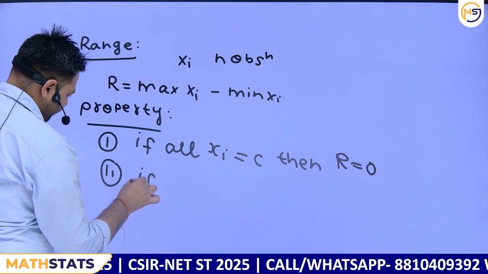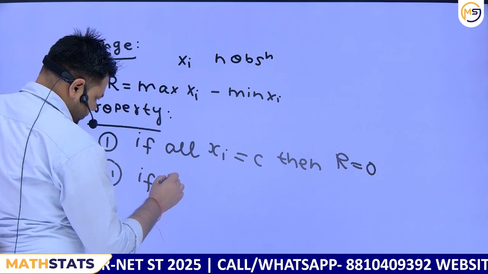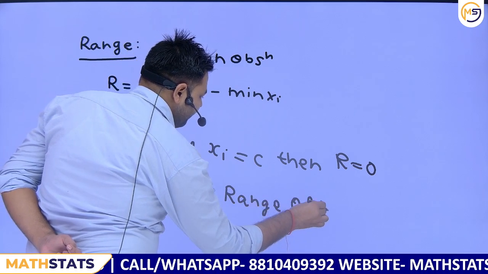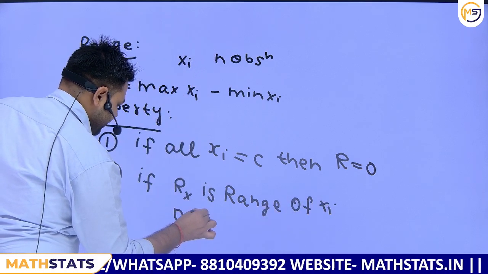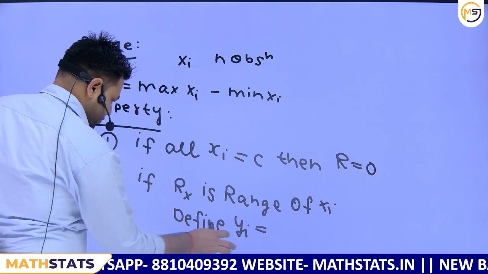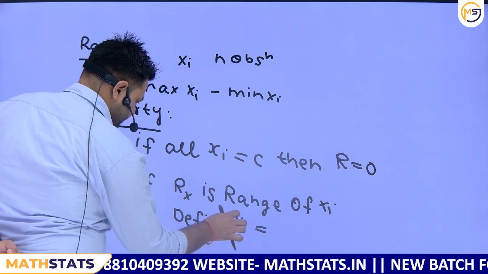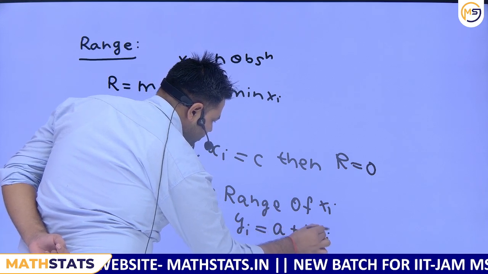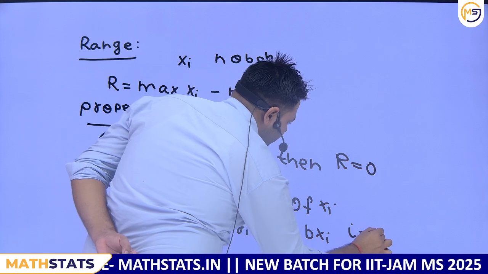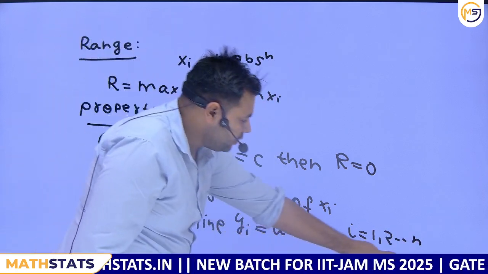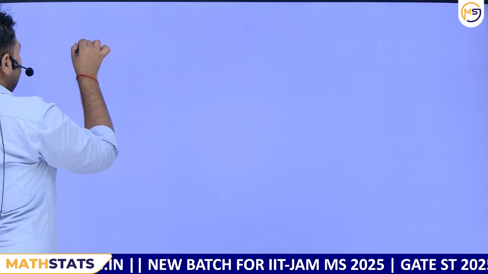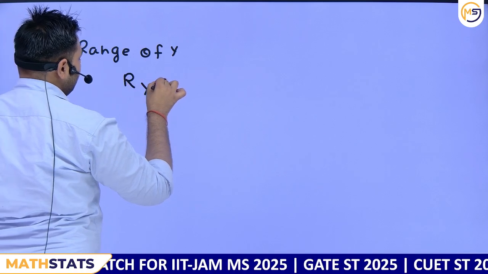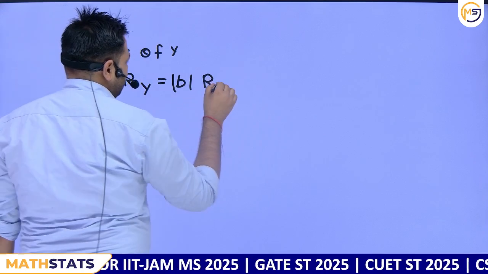Second property: let r of x be the range of xi, and define yi equal to a plus b xi, for each i equal to 1 to n. Then the range of y, denoted by r of y, is equal to mod b times range of x.